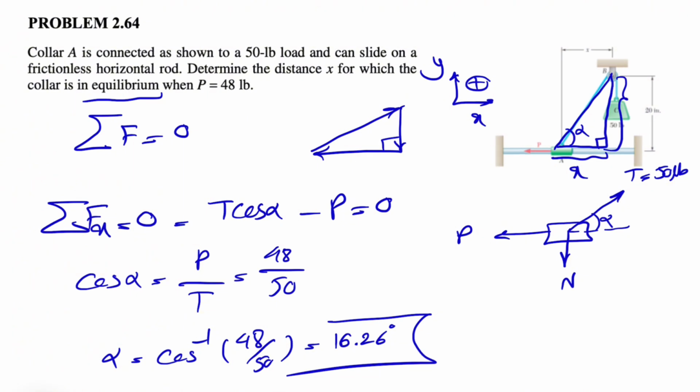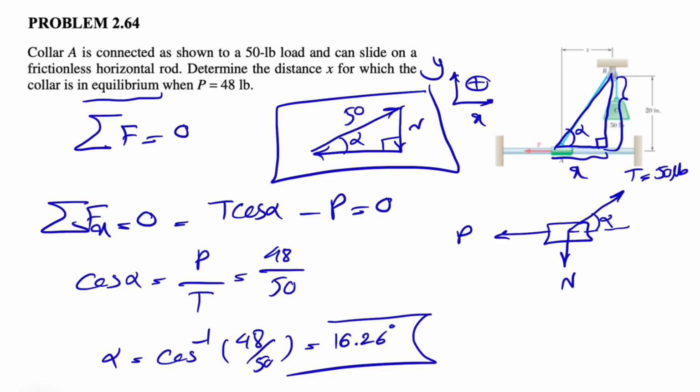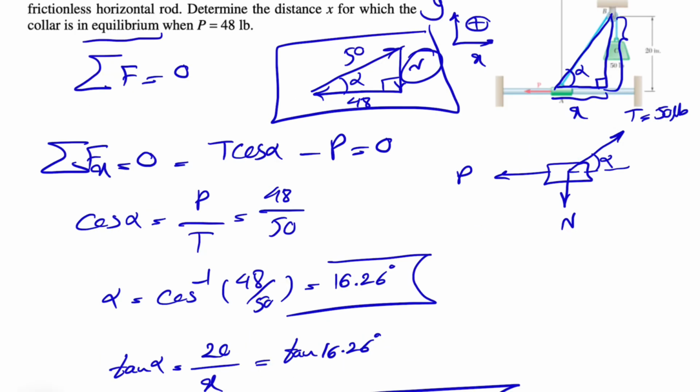The other way to solve the question is what I discussed earlier, going with trigonometry. Our angle is alpha here. So this will be our N, this is our T, which is 50, and this will be our P, which was 48. Since we have the right triangle, if we do the Pythagorean theorem, we can find N. We're going to have two similar triangles, this one and this one.